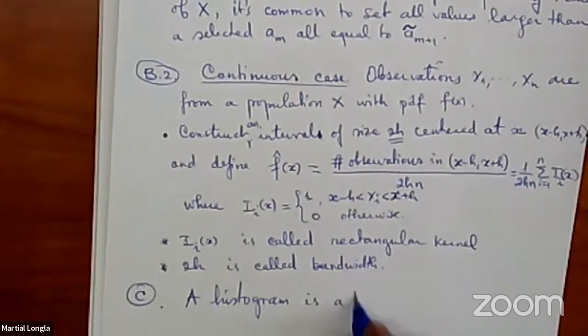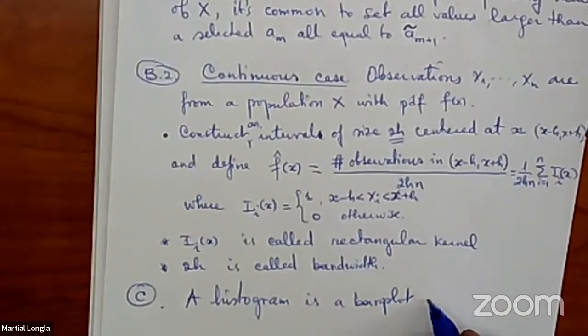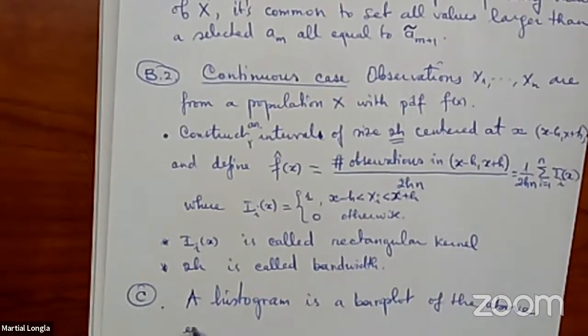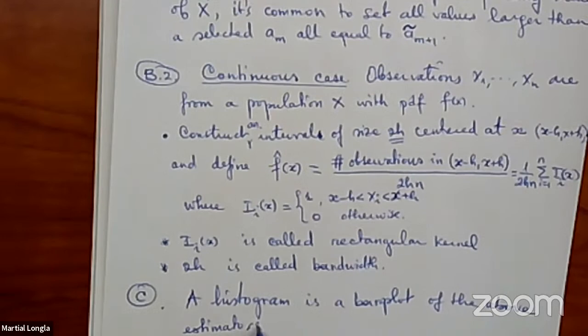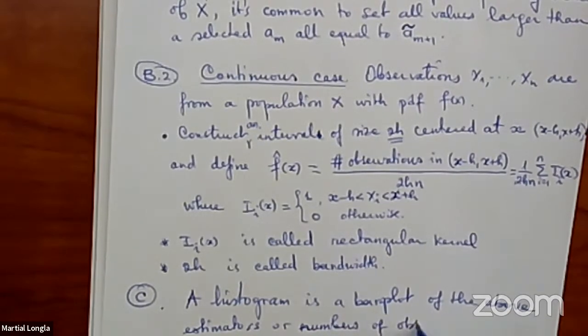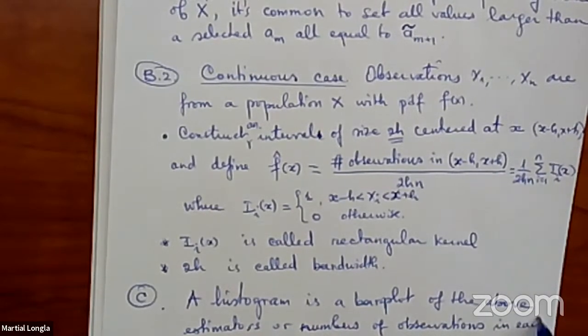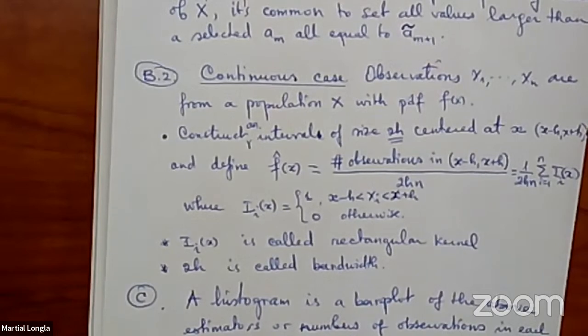The histogram is a bar plot of both estimators for numbers of observations in each of the intervals. Or for a discrete, at each of the points.